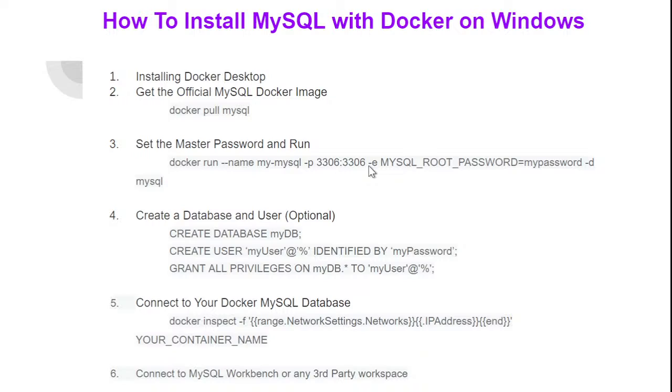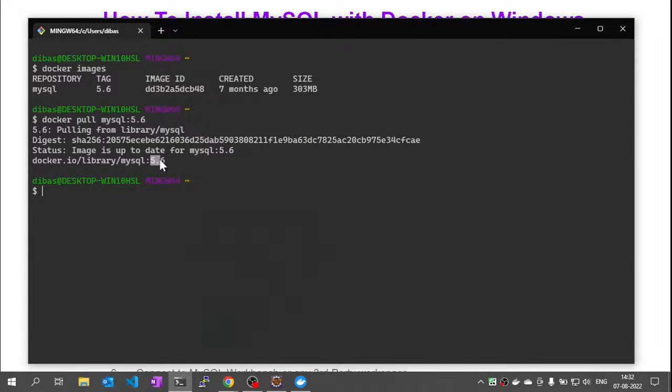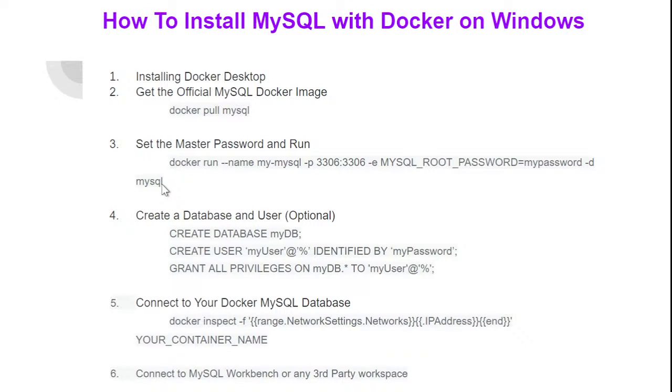Okay. So dash e is where you are setting the MySQL root password with your password, and dash d. MySQL colon 5.6 you can type if you're running 5.6, otherwise by default it will run the latest, so don't worry about that.